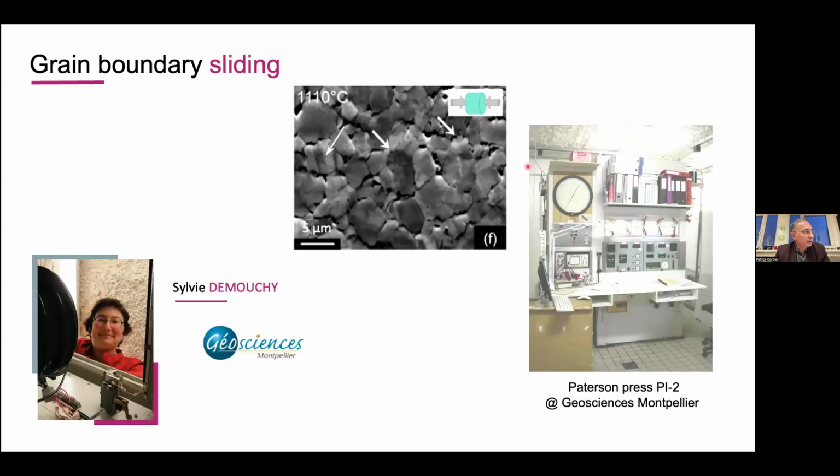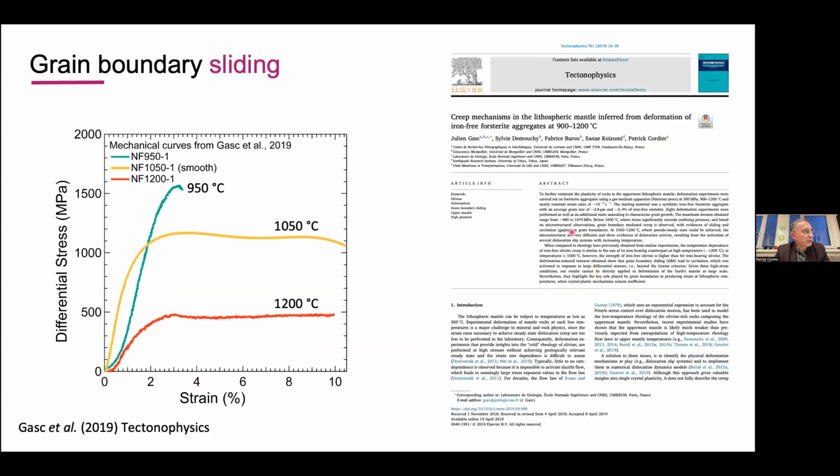So to further study this mechanism, Sylvie Demouchy, a few years ago, started a project where she was deforming very small, fine-grained olivine polycrystals in the Paterson press. And while the results are presented in this paper, of course, it's not my goal to present that.